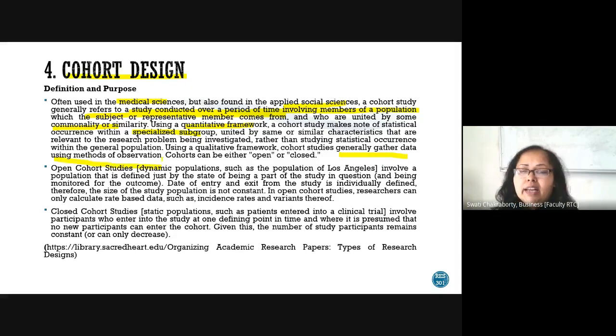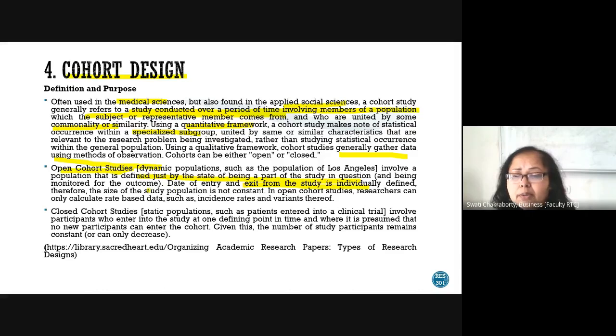We can have open cohort studies or closed cohort studies. Open cohort studies involve a population that is defined just by the state of being a part of the study in question. Date of entry and exit from the study is individually defined.